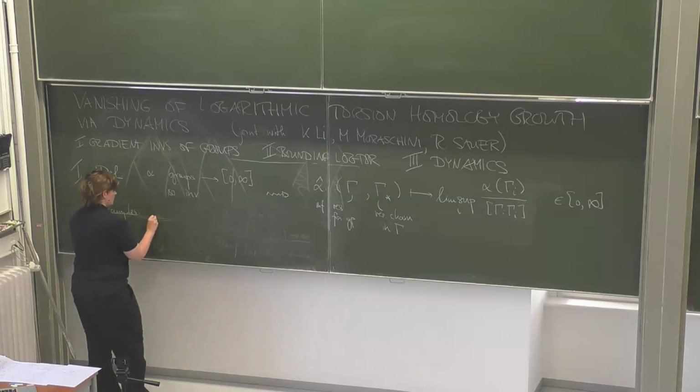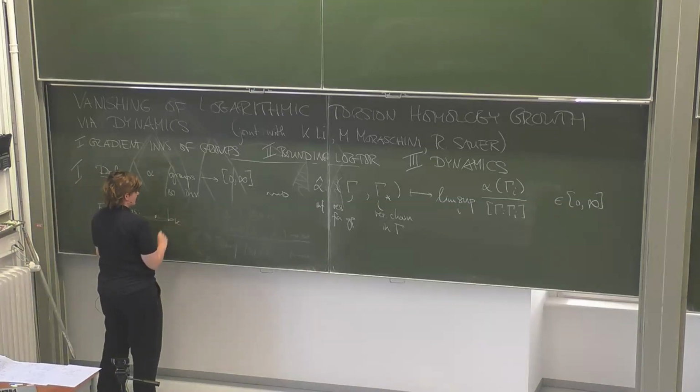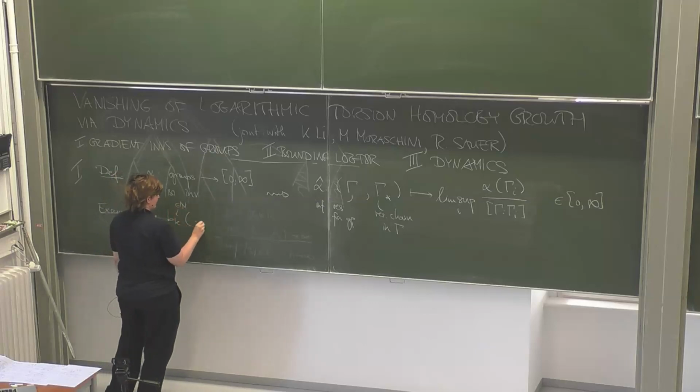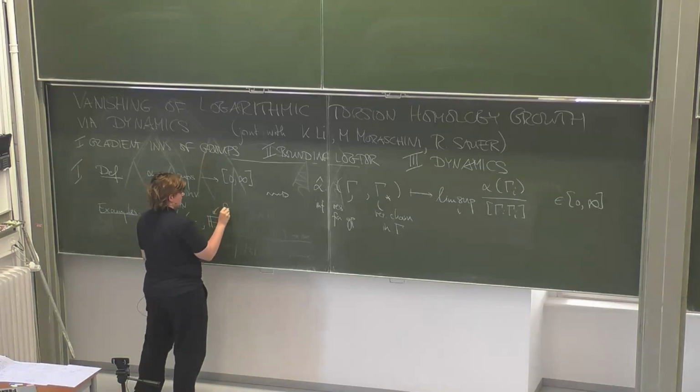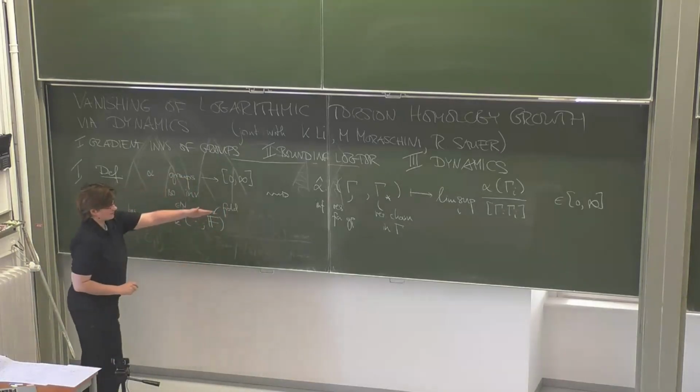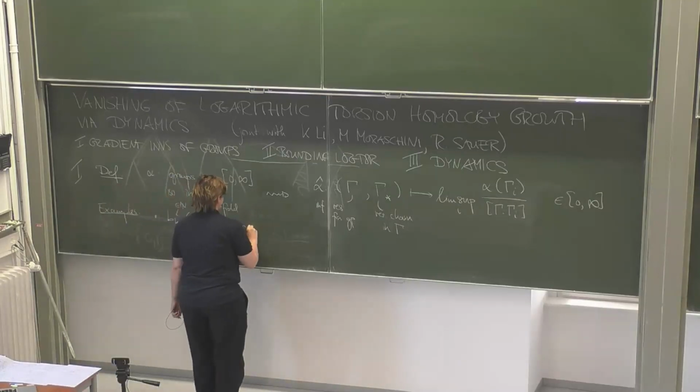So what could you do? You could take some natural number k, and you could take a coefficient field F. And then what you get is a Betti number gradient.